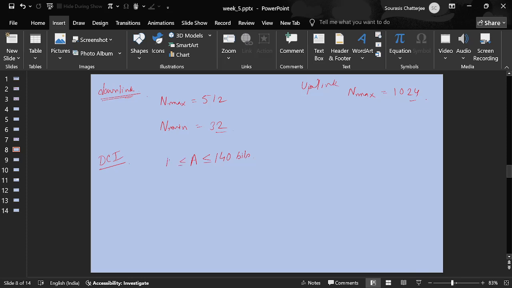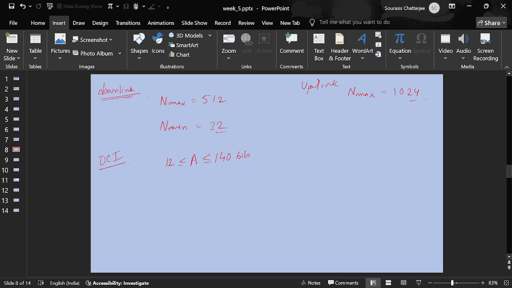Okay. But let's say whatever DCI I am transmitting has a length of just 5. What should I do in that scenario? Then pad with zeros so that it comes to 12. Okay.